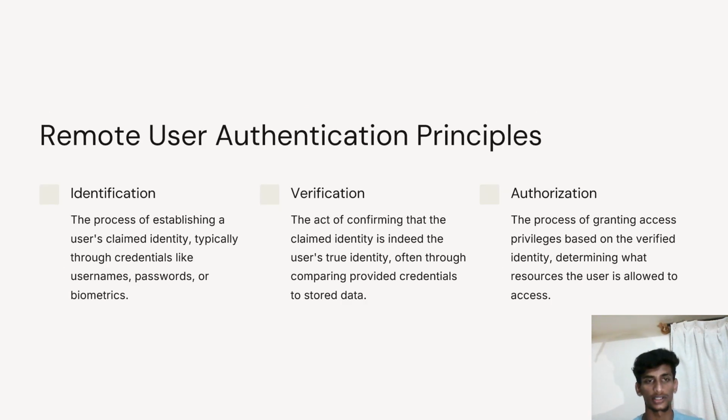Remote user authentication principles. The first ones are identification, verification, and authorization. Identification is the process of establishing a user's claimed identity, typically through credentials like username and password, or biometrics. Verification is the act of confirming that the claimed identity is indeed the user's true identity, often by comparing provided credentials with stored data.